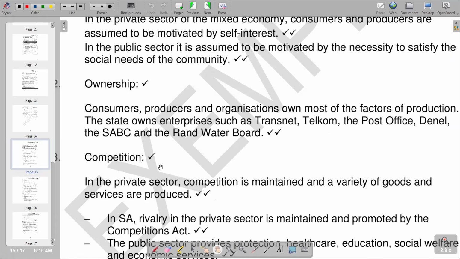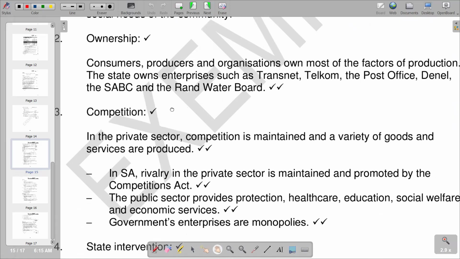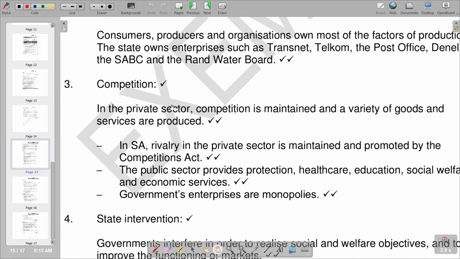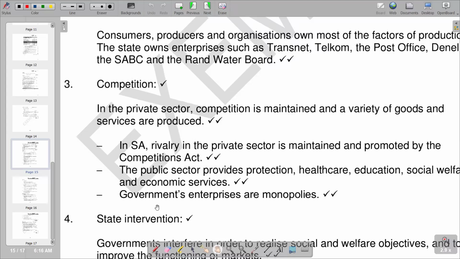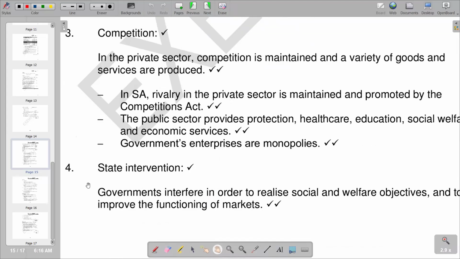Then in terms of competition, the same thing: we are going to see that there is competition under the market economy. Then we can talk about the basis of competition. You can also talk about state intervention as a characteristic. We see that there is state intervention in the centrally planned economy, while in the other market, we do not have state intervention.